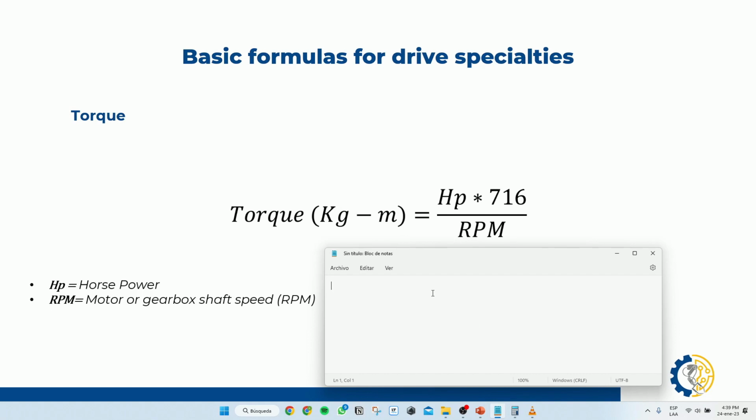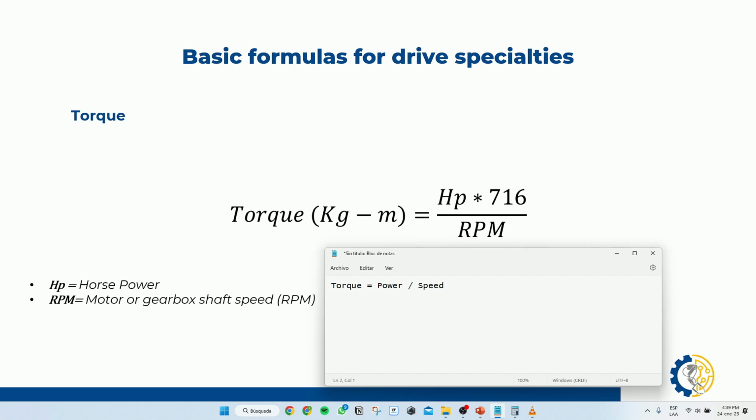So when I decrease my speed, the torque is going to increase. So therefore, let's write this formula. Torque equals potency over velocity or speed.